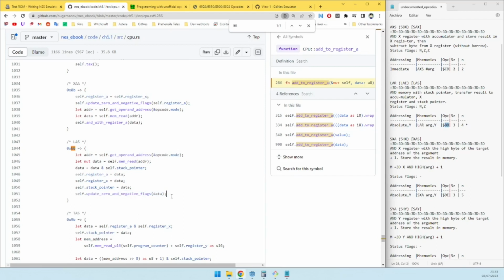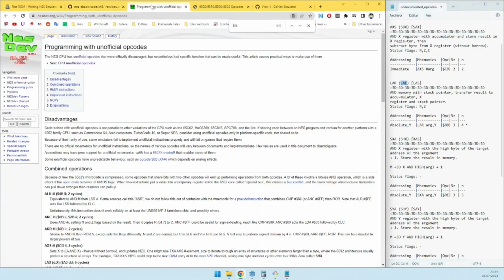So it's pretty much straightforward. How do you describe this? Add memory with the stack pointer. Do you have a description for this, or an equivalent?